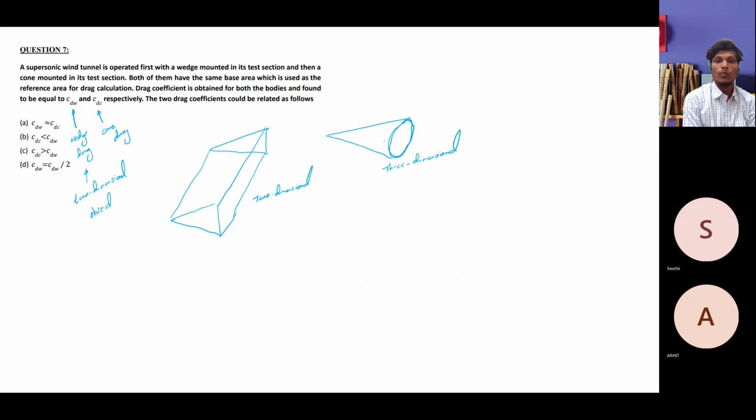It is not creating any blockage. If I put it in a good correlation, I can say the amount of blockage created by the cone is less, though the base area is the same. Base area means the reference area used to calculate the drag of the wedge and the cone, which is the same. But still, the blockage or the momentum deficit by the wedge is more because it is blocking more fluid, or it does not have any three-dimensional drag relief.